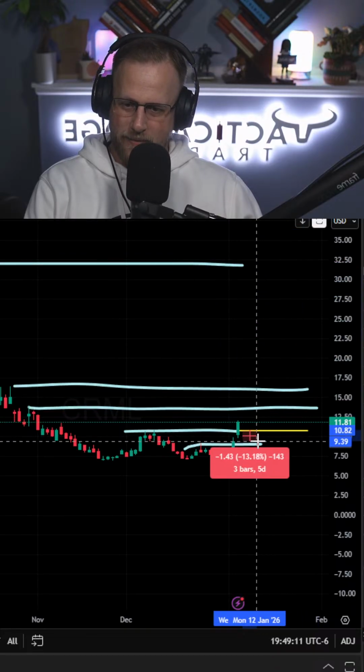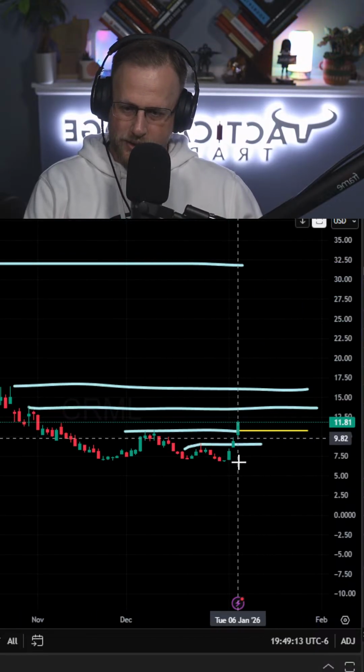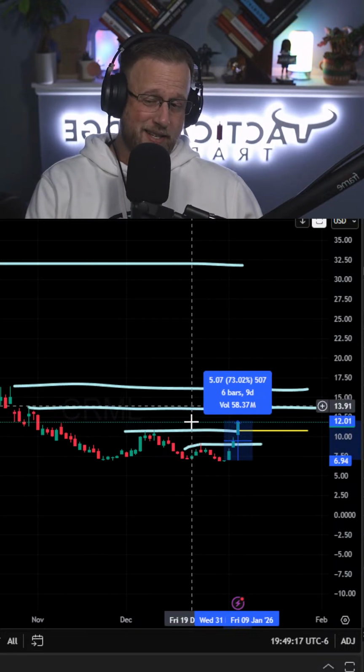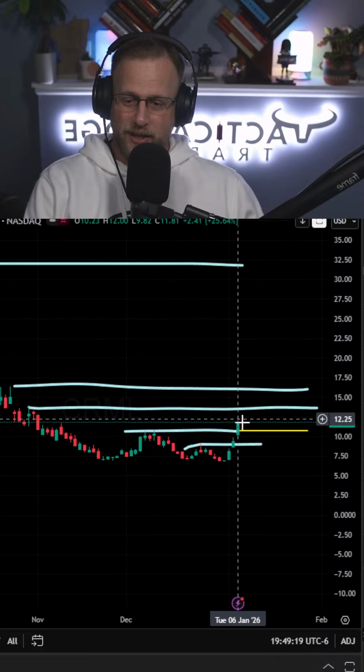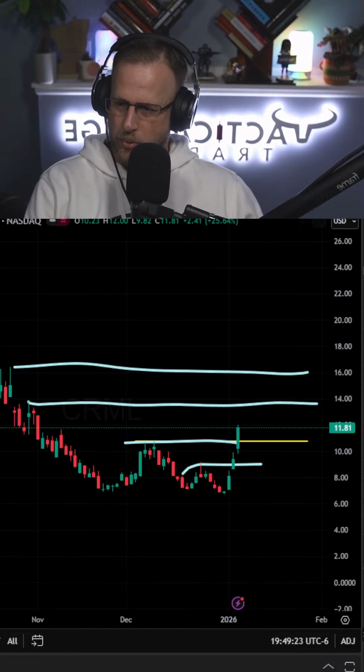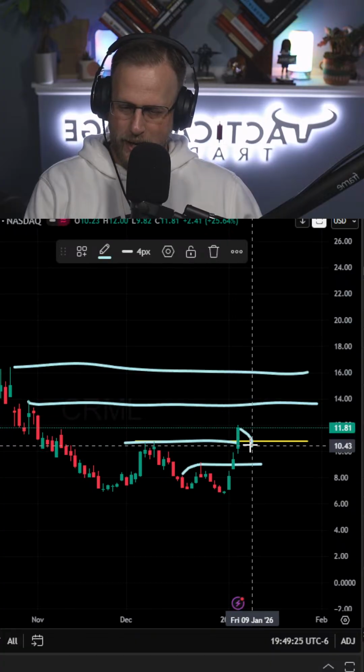It's 200% back to the top in the last 3 days, up 73%, so that's not crazy. I'd say as long as that 10.90 level holds and we don't swing failure it and fall right back into range, just look for acceptance here.